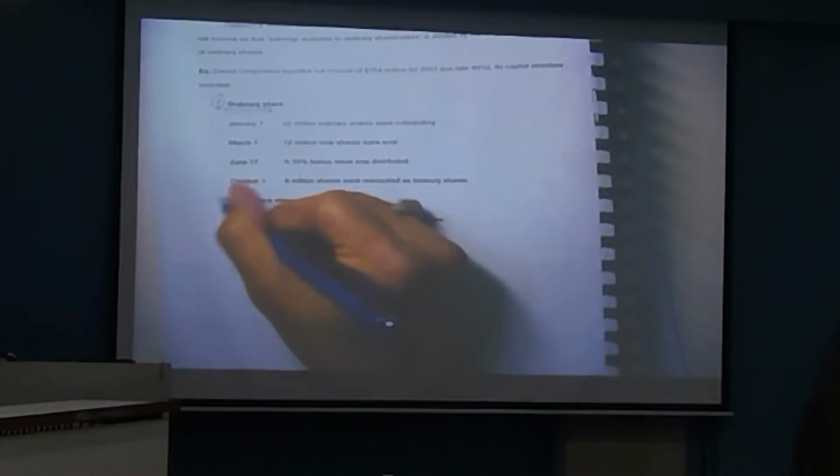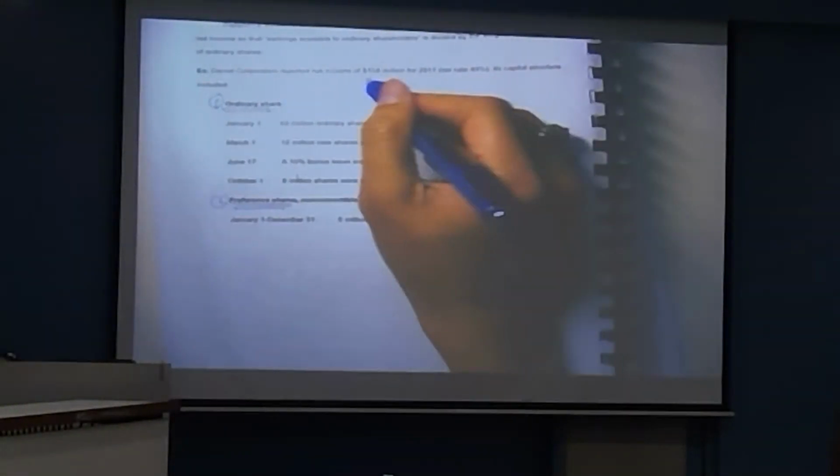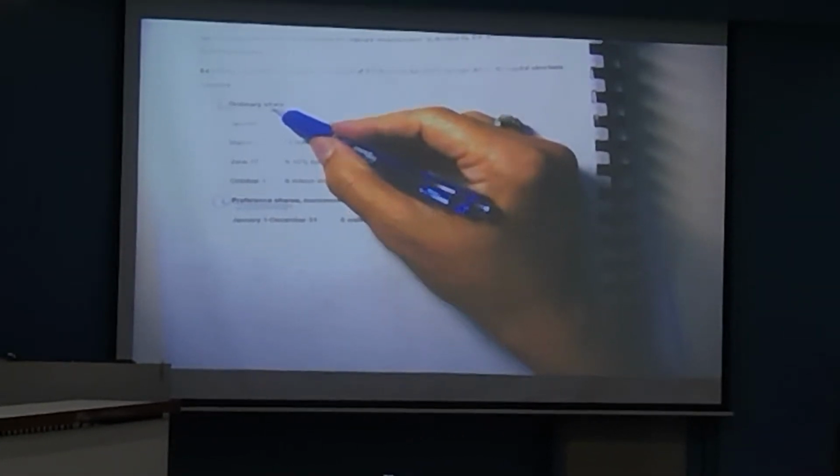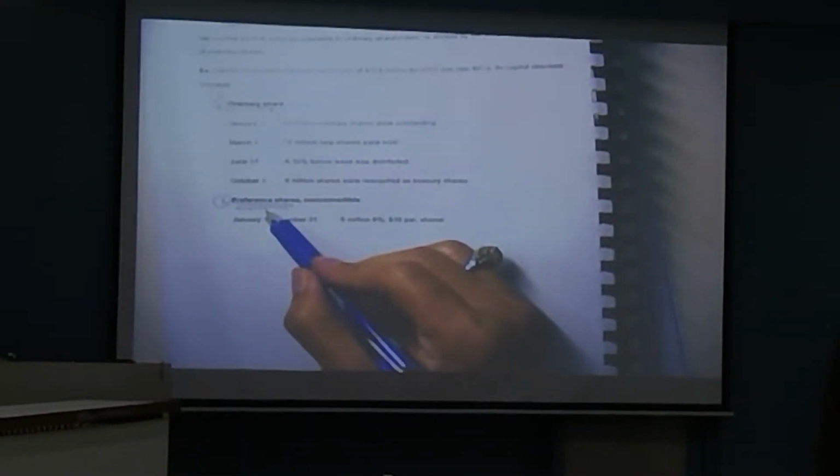One type is ordinary share, which is common to the public, and you have preference share because the shareholders get preference over the common stock. For example, they can get dividends before the common share. In this case, this 154 here is not only for ordinary shareholders. It's for preference share as well.